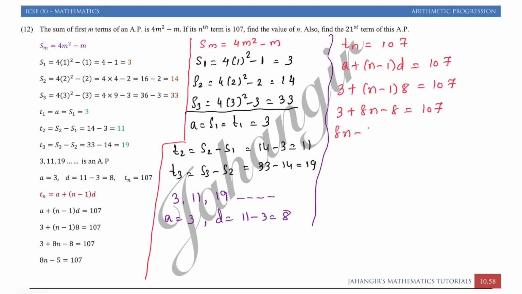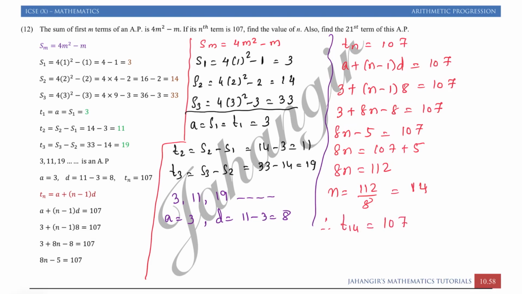So 8n minus 5 is equal to 107. Just add 5: 8n is equal to 112. It's a simple calculation. n is equal to 112 upon 8. 8 ones are 8, 8 fours are 32. So we can say T14 is equal to 107. We found the 14th term, that is T14 is 107.